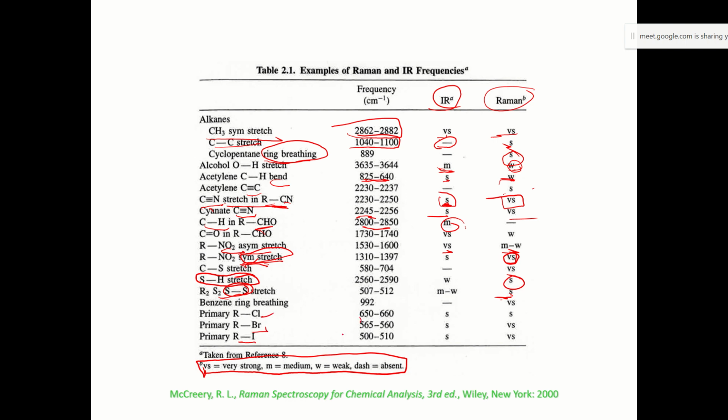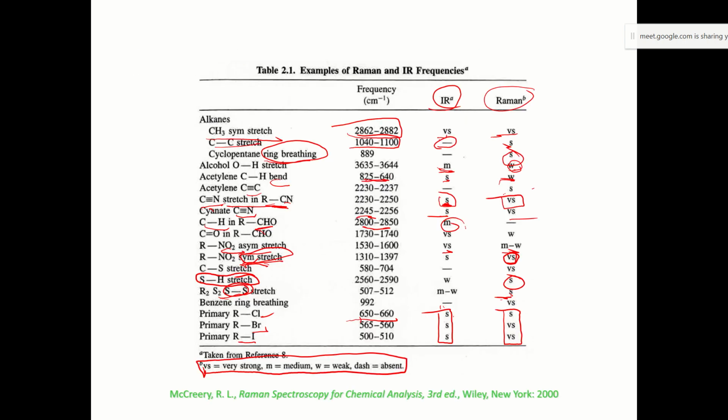The stretching vibrations strong in this. So all of three will have dipole moments. So all these are strong in IR. They are also good in Raman. They will show good intensity in Raman.